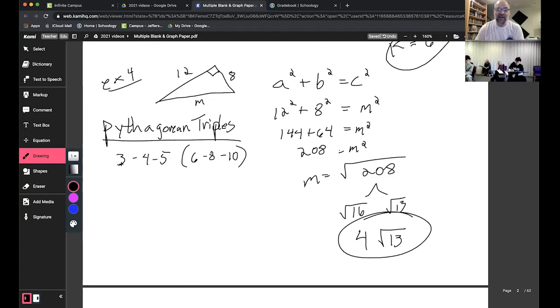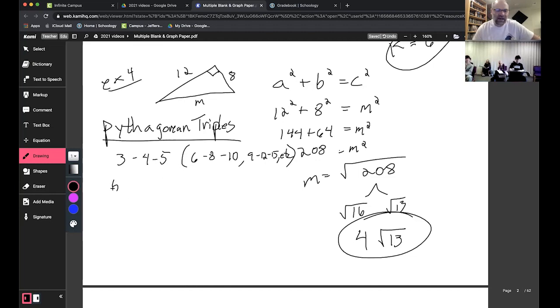So also 9, 12, and 15 would be another version of the 3, 4, 5 triangle. 12, 16, 20 would also be another version. But this is just one of many. So 6, 8, 10, 9, 12, 15, etc. All the multiples of that.